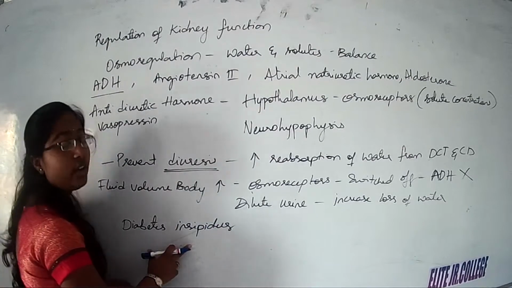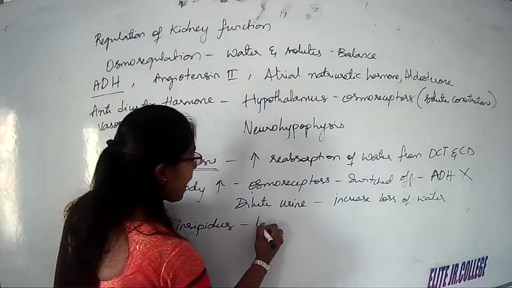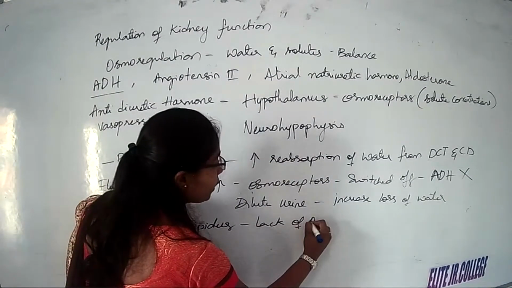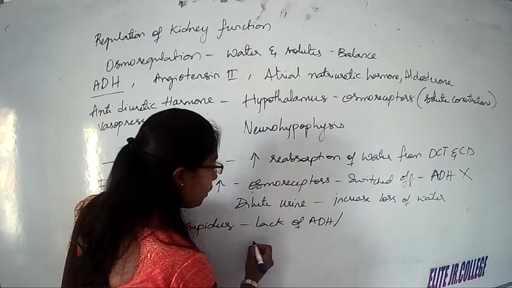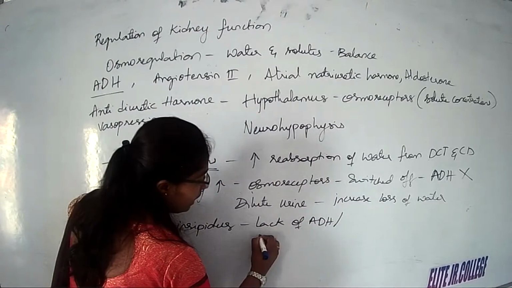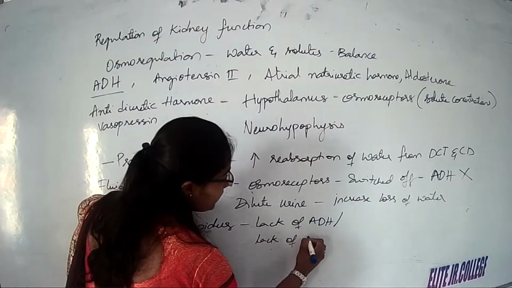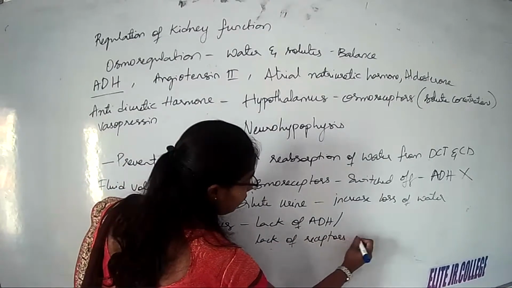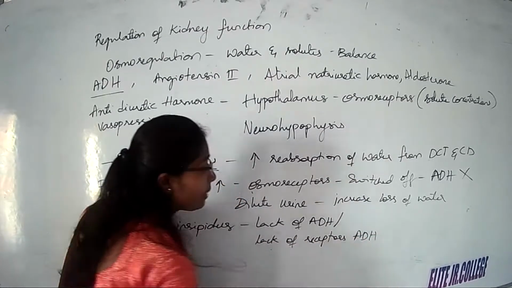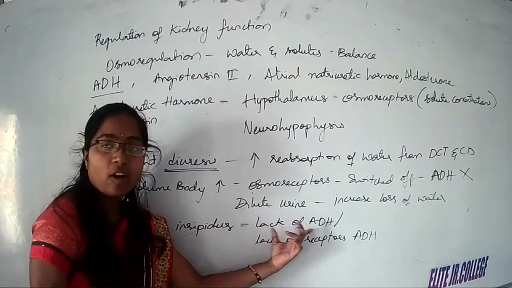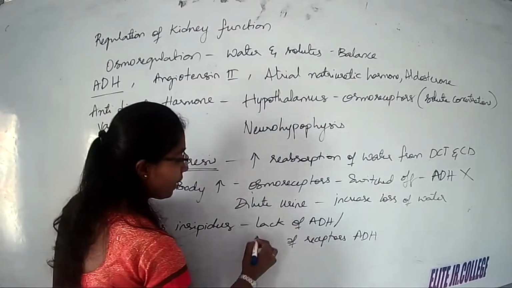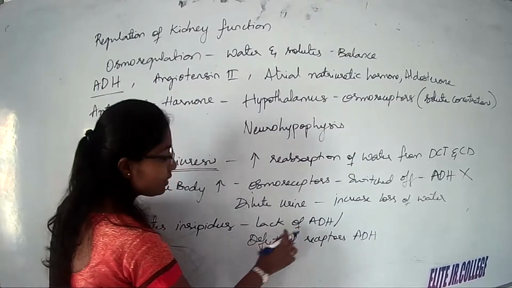This is a disorder which is caused due to the lack of antidiuretic hormone, or due to the lack of receptors for antidiuretic hormone. We can even say it is a defect.